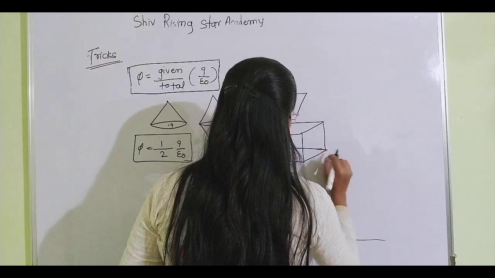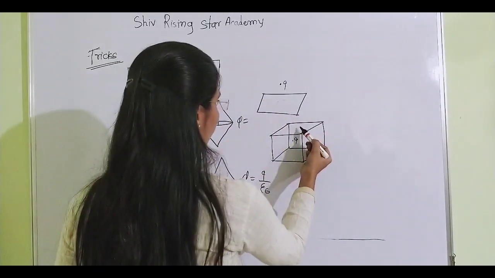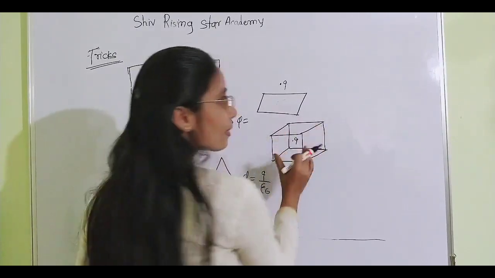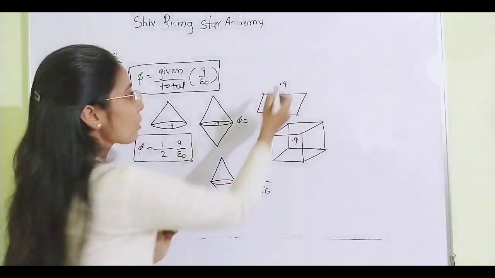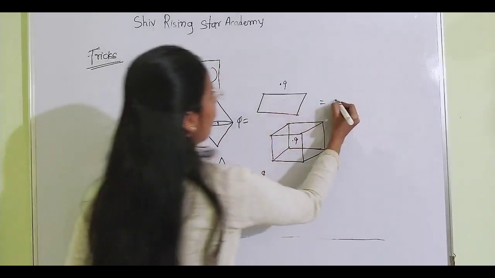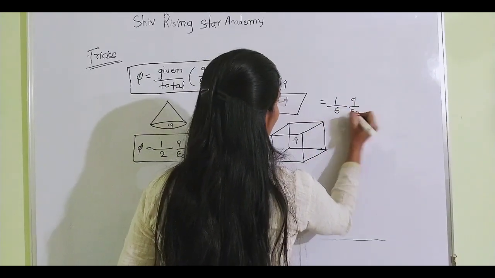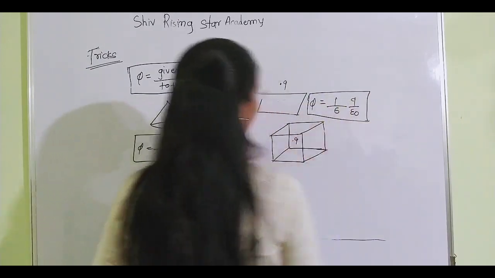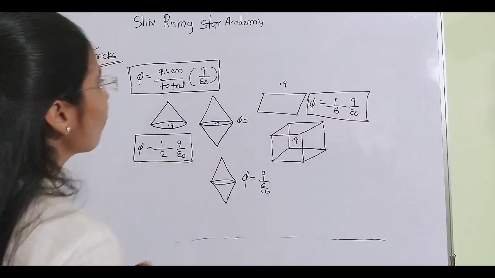When charge q is here, this is 1, 2, 3, 4, 5 and 6: a total of 6 surfaces are required for the complete enclosure of this charge q. So how many are given? 1, required 6. So phi is equal to 1 by 6 into q by epsilon. This is the flux.